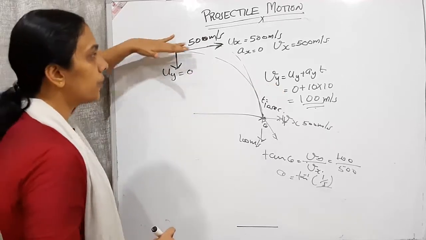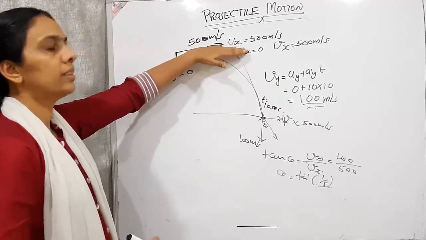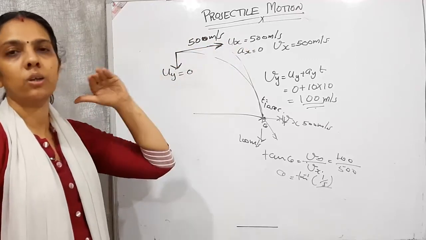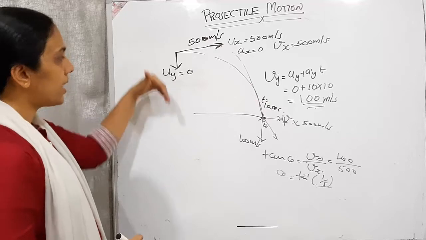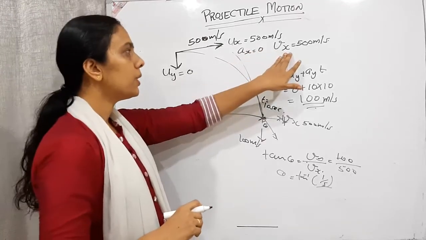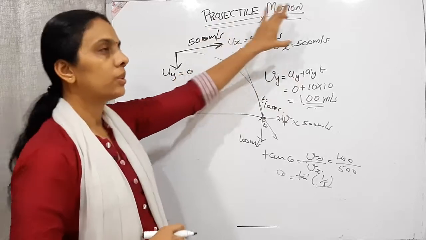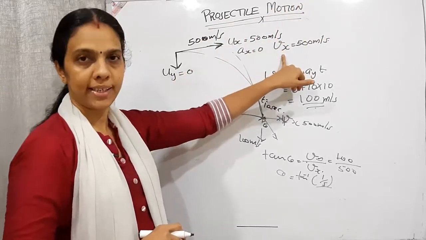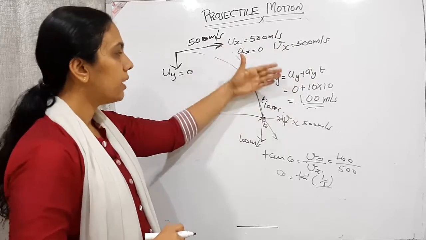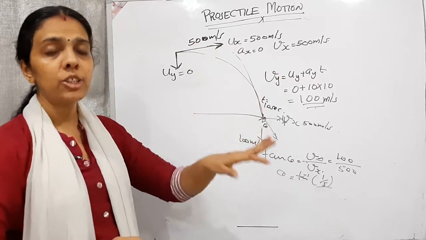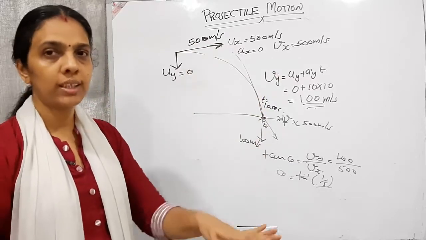Since it's moving horizontally, the initial velocity is acting only along the x-axis. Along the y-axis, initial velocity is 0. And acceleration is not acting horizontally, therefore Vx will remain the same as ux only. Now we don't have Vy with us, and when it is striking the ground, at which angle it will be striking, that only is asked, right?